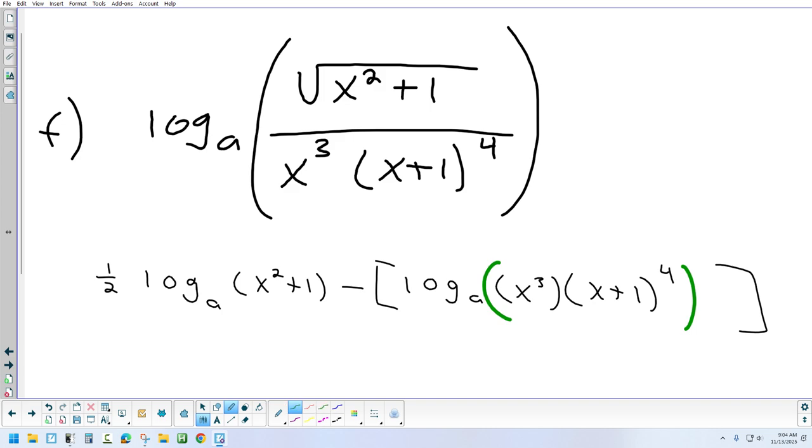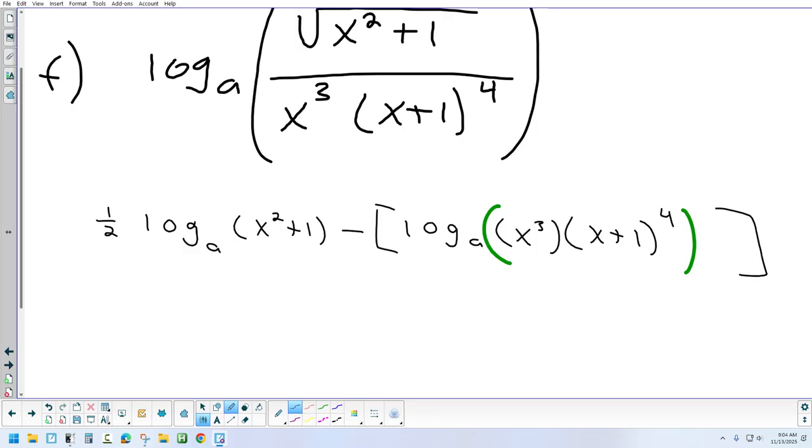Now we've got to split that second one up. How's the second one going to split? As a sum or a difference? Yeah, that's going to split as a sum. We still have this minus in front, but what's inside is going to split into a sum.